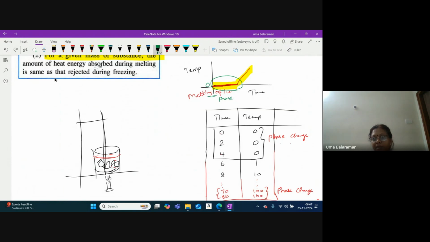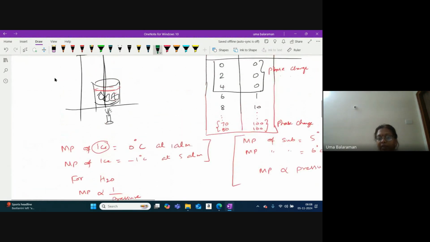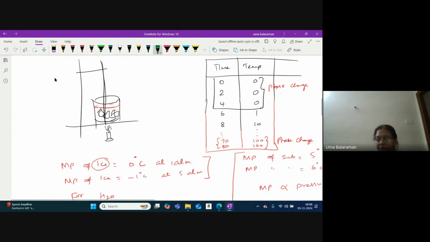So why is there heat energy applied but nothing showing in the thermometer? That is the latent heat, hidden heat. The heat energy is not expressed. So we are going to study that in detail. It's the same with boiling also.